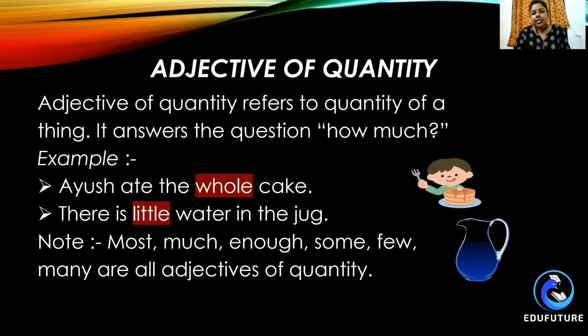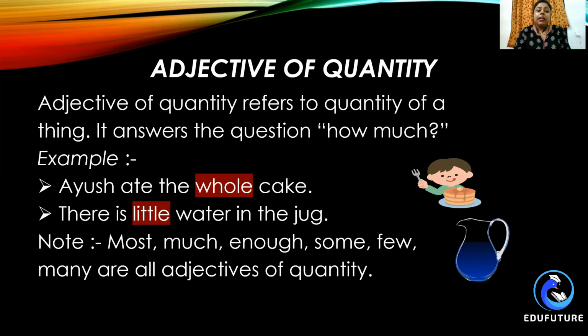Now, look at the second sentence. There is little water in the jug. How much water is left in the jug? Little water. So, little is adjective of quantity. It tells us about the quantity of the water that is left in the jug, isn't it? Now, similarly, apart from whole and little, there are many more examples of adjectives of quantity.